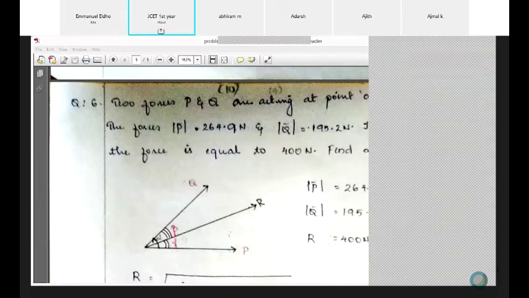That is approximately equal to 60 degree. Yeah, correct, Rahul.